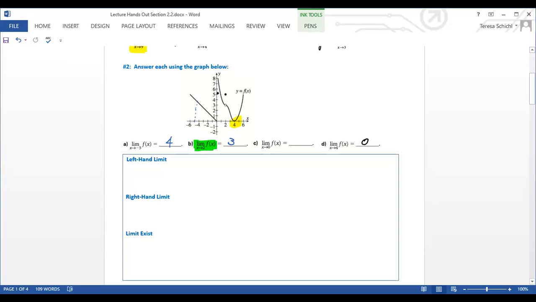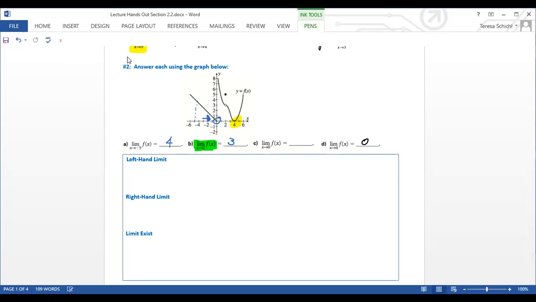Okay, so now in part C here, let's take a look. When x is getting closer and closer to 0, here, this is the zero, right? So if I'm getting closer and closer to 0 from this side, what is my value going to be getting closer to? Close to 0 also.